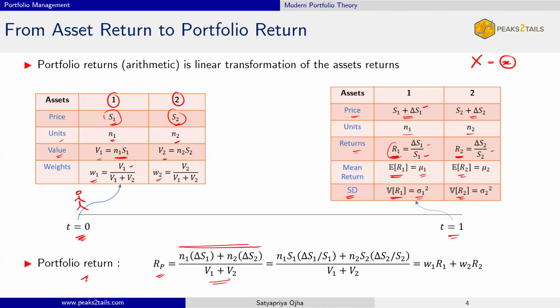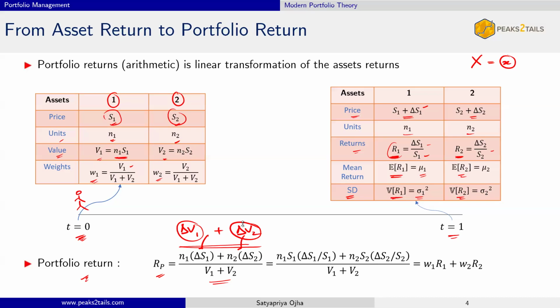Total change in portfolio value will come from the individual changes, N1 times delta S1, which is delta V1, and the second part is delta V2. So N1 delta S1 plus N2 delta S2, divided by V1 plus V2. That's the return of the portfolio, which is random, by the way.